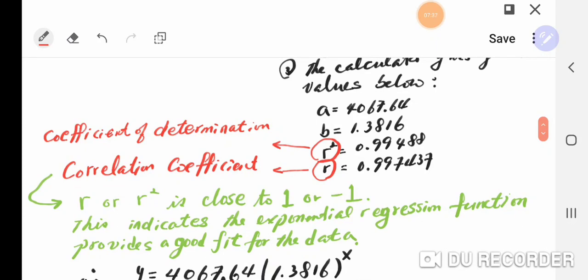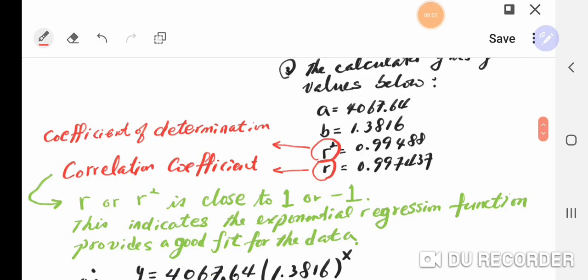So if it's close to 1 or negative 1, then the confidence level of the graph is almost 100%. So if it is 1, then all the data fits the function, in this case, an exponential function. If it's close to 1, it's more likely to be an exponential function.